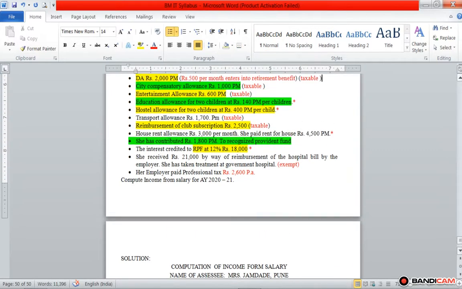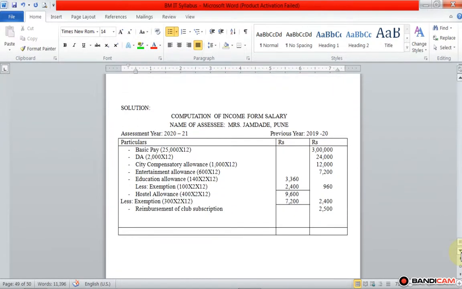Here we did not take into consideration the transport allowance, but transport allowance is fully taxable. So here add this transport allowance in the salary. Transport allowance amounted to rupees 1,700 per month multiplied by 12.